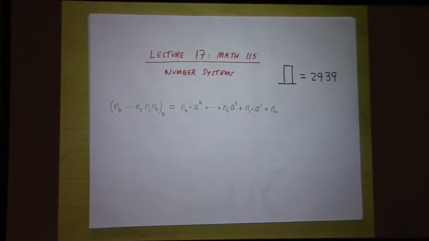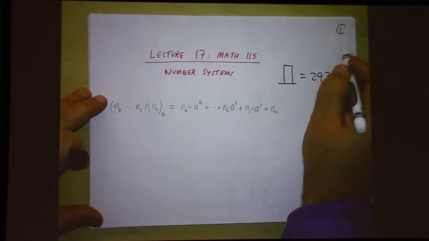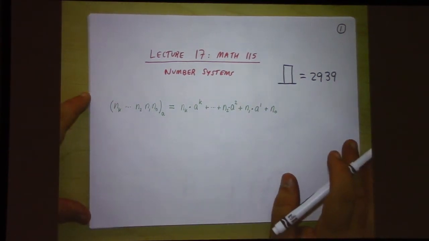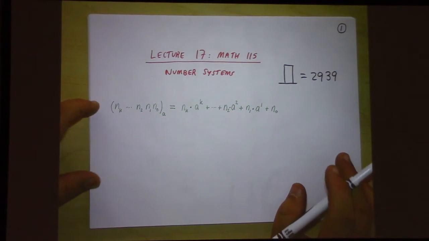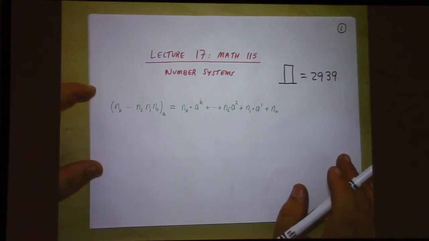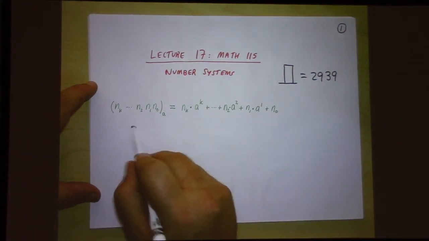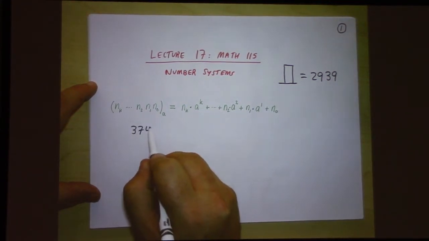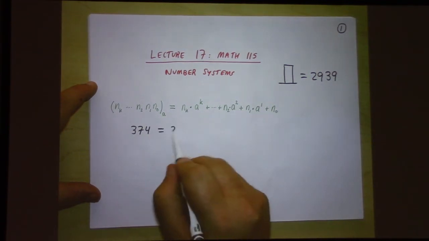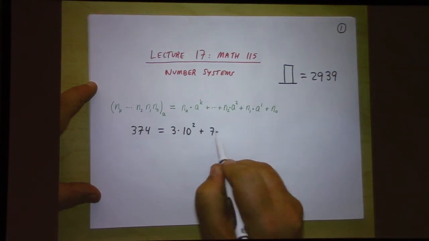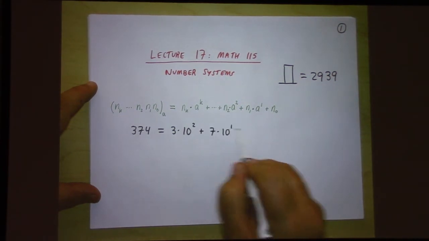We're most usually thinking about this as base 10. Our default way of thinking about numbers, the way we've pretty much all been raised, because I don't think any of us here are Babylonians, and the Mayans are kind of gone. Here's an example: 374 is equal to 3 times 10 squared plus 7 times 10 to the first plus 4.